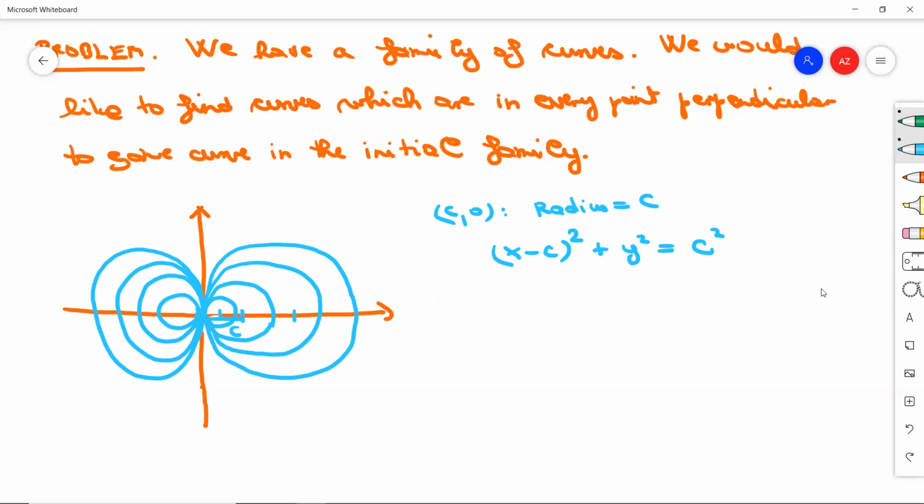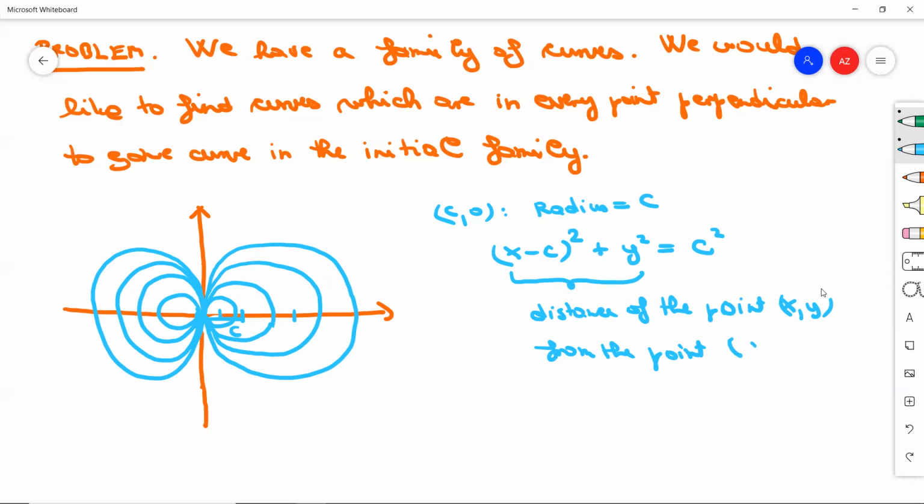So this means that on the left-hand side, we have the distance of the point (x, y) from the point (c, 0), and this distance squared must be c squared.